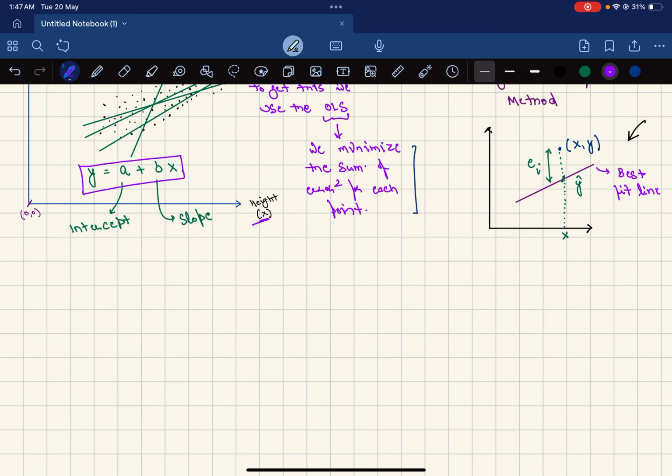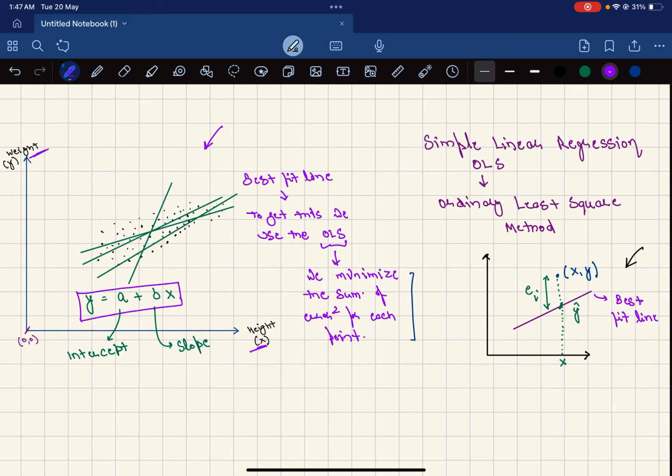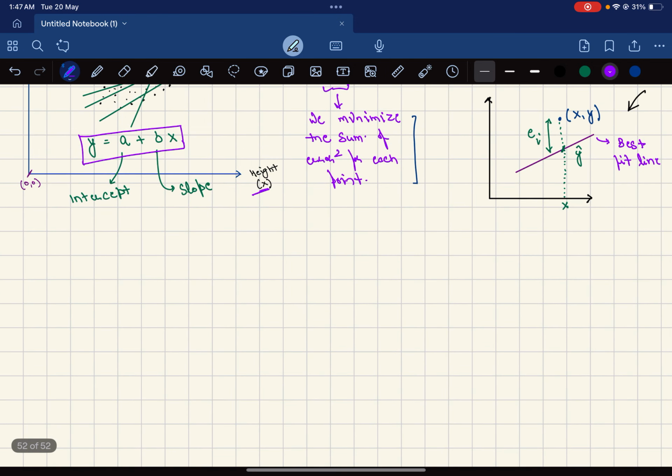Now let's pick up any one point. So there were many points here. Let us just look at it from one point perspective. So let us say that point is x, and the actual value with respect to x is y. For this particular student, we have x as the height and y is the weight. Now, since the best predicted line is the purple one, if we find the value of y for this particular value of x, we get the value as y hat.